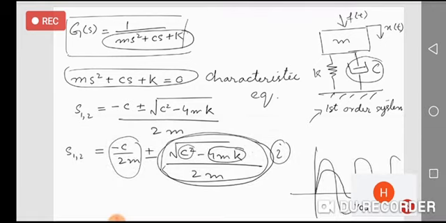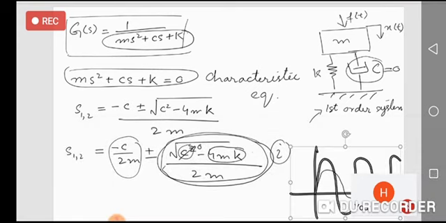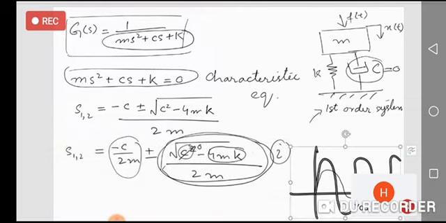For example, if it is an undamped system where c is equal to 0, then this term becomes 0, and we are left with minus 4mk. The minus sign inside the radical results in iota, and we end up with a system response like that, which is an undamped system because the c value is 0.